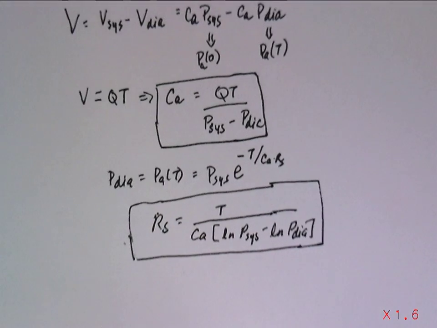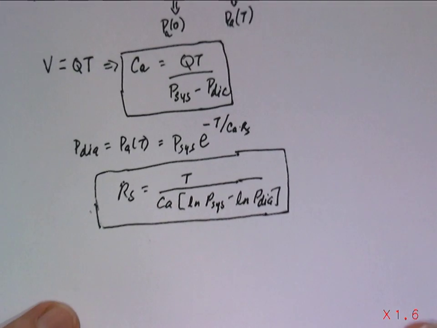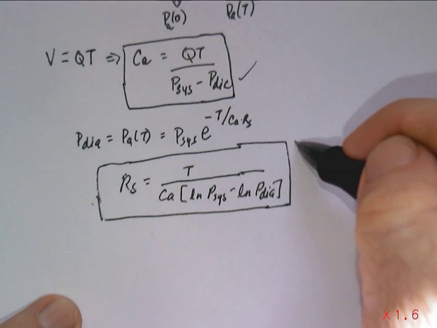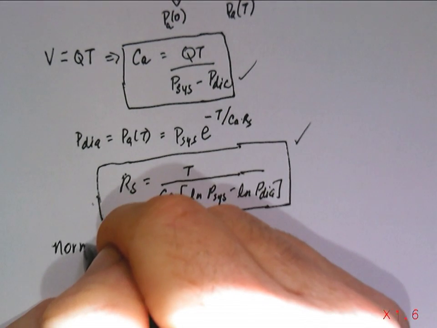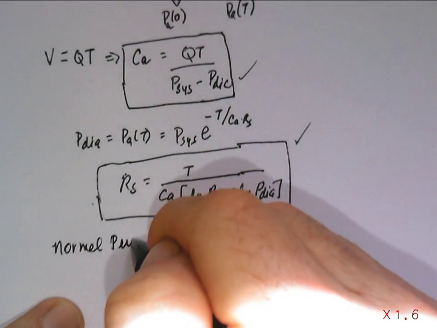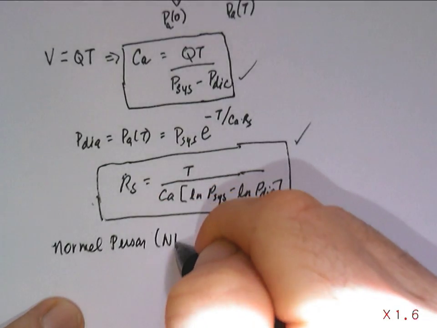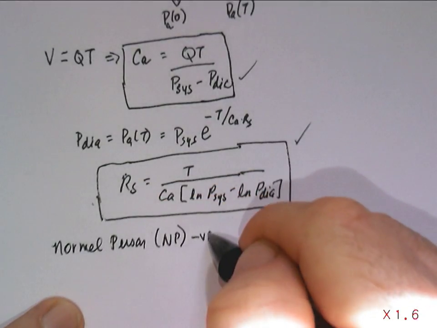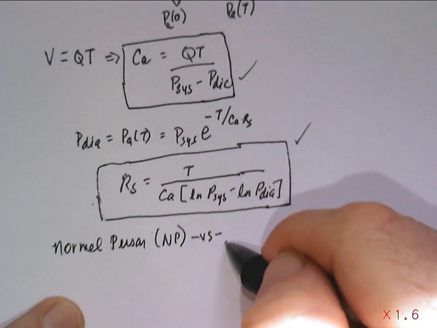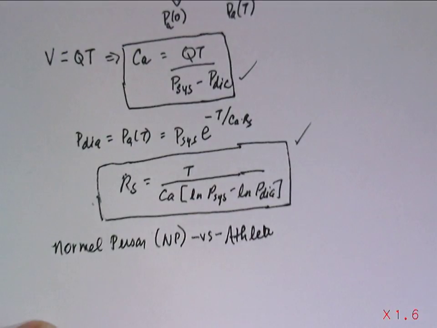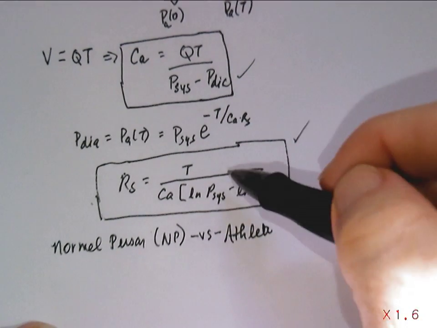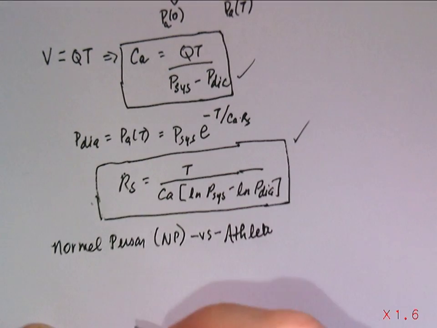So just as a usage of this model, these two factors that we have in these two boxes, what I thought I'd do is show you the difference between a normal person, we'll represent that as NP, versus an athlete. Say, since we just had the Olympics, maybe how that would be different in terms of the data and what these two models would produce. All right? So let's look at that.